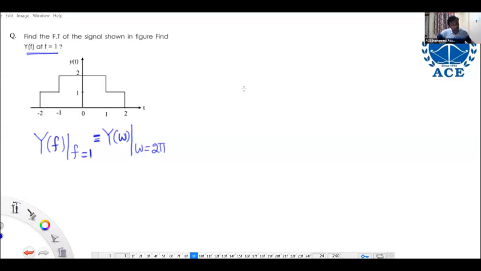It can be written as a sum of two rectangles. See what they are. The given graph can be written as a sum of two rectangles: one rectangle from -1 to 1, another rectangle from -2 to 2.